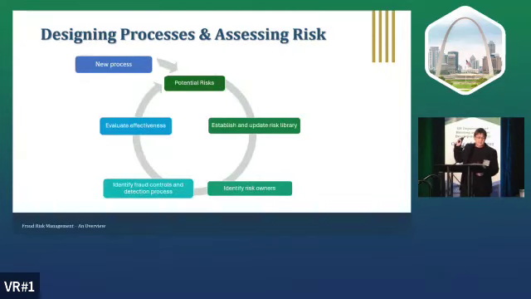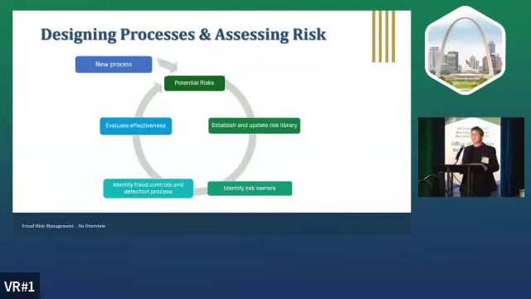All right, designing processes and assessing risk. This is a very basic, generic flow process for assessing risk as you're looking at your processes, trying to figure out what your controls are going to be, what your environment is. This is what it looks like. So say you're starting off at the top, I have a new CDBG-DR grant.